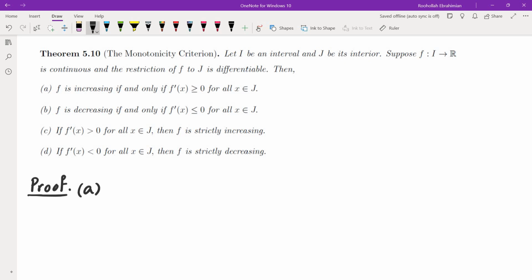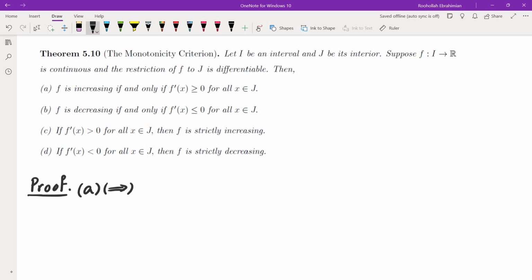Okay, so let I be an interval and J be its interior. Suppose f from I to R is continuous and the restriction of f to J is differentiable. Then these are the statements we need to prove. f is increasing if and only if f prime is greater than or equal to 0 for all x in the interior.